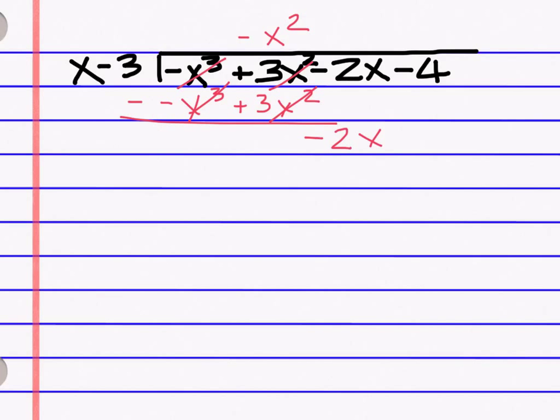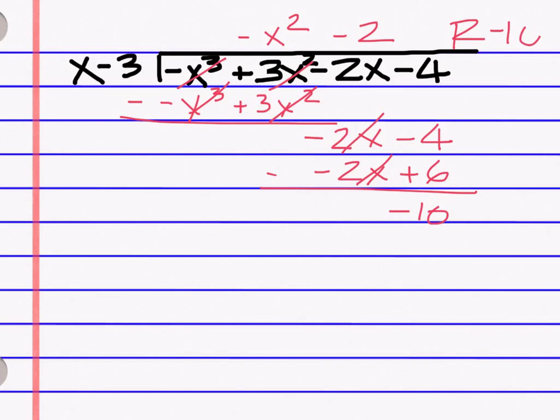It'd be negative 2. So you get a negative 2x, but you're also going to have this over here as well for the minus 4. So negative 2 times negative 3 is positive 6. So when they cancel, negative 4 minus 6 is negative 10. So x squared minus 2, remainder negative 10.